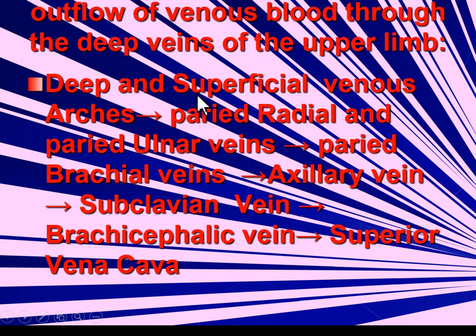Deep and superficial venous arch, radial and ulnar veins, brachial veins, axillary vein, subclavian vein, brachiocephalic vein, and superior vena cava. Superior vena cava flows into the right atrium of the heart.